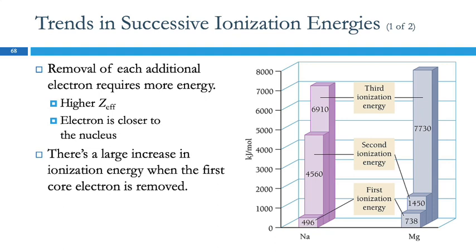I'm going to look at what's happening here. So this is sodium, and this is magnesium. Magnesium has 2 valence electrons, and sodium has 1. So we take off sodium's 1 valence electron. That's this one here. So we remove that.